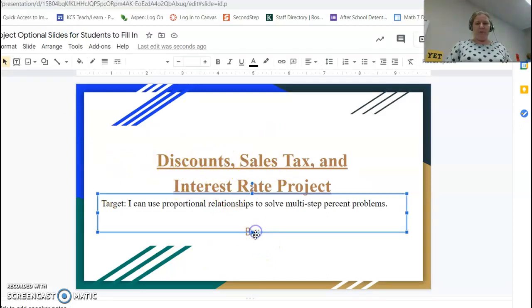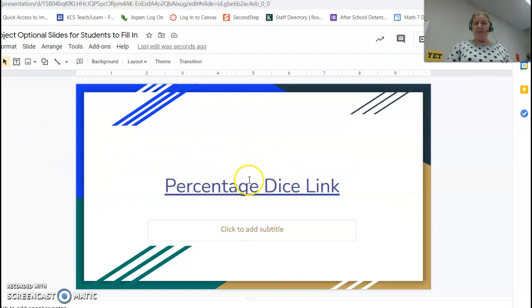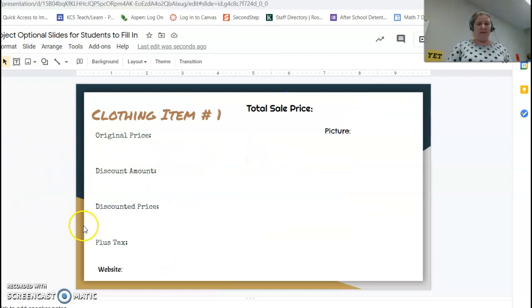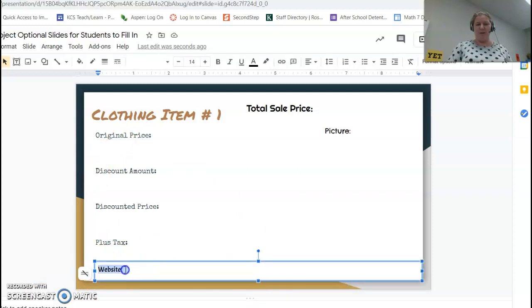You will start by putting your name here. And here's a link to the percentage dice if you need that. What you can do is put the location or the website for where you found the clothing item. You can put that in the speaker notes, or this might be better, just right here at this website part.